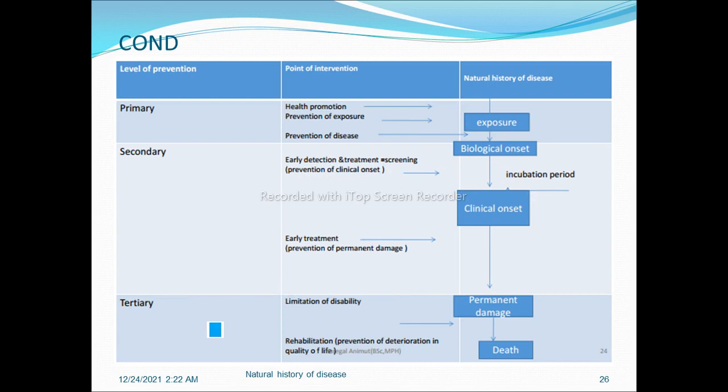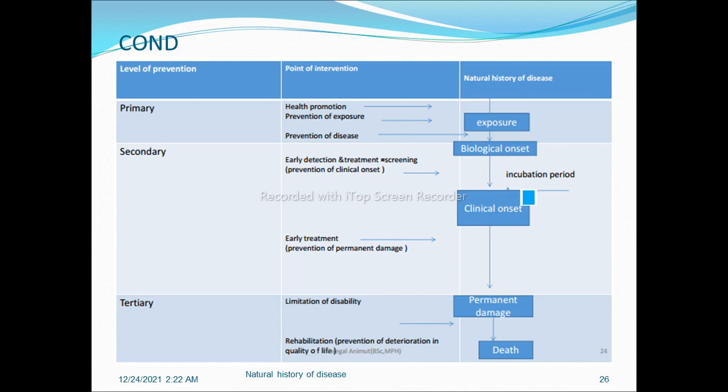But tertiary intervention is at permanent damage or death, meaning limitation of disability and rehabilitation. It happens at the recovery and disability stage.